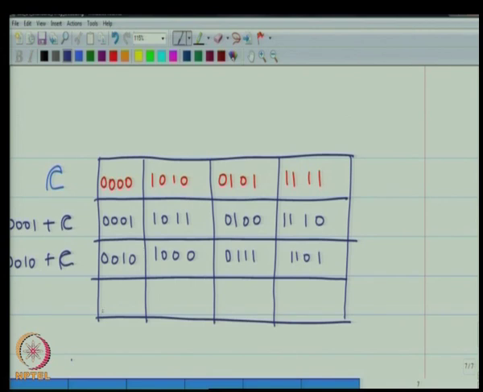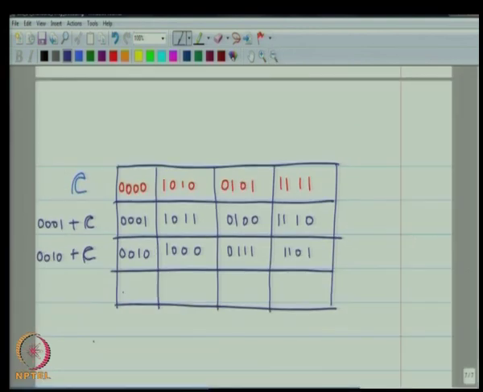So I am looking now at Hamming weight 2, because I would like to start this off with vectors of low Hamming weight. So I choose 0 0 1 1 plus C. So I get 1 0 0 1, 0 1 1 0, 1 1 0 0.